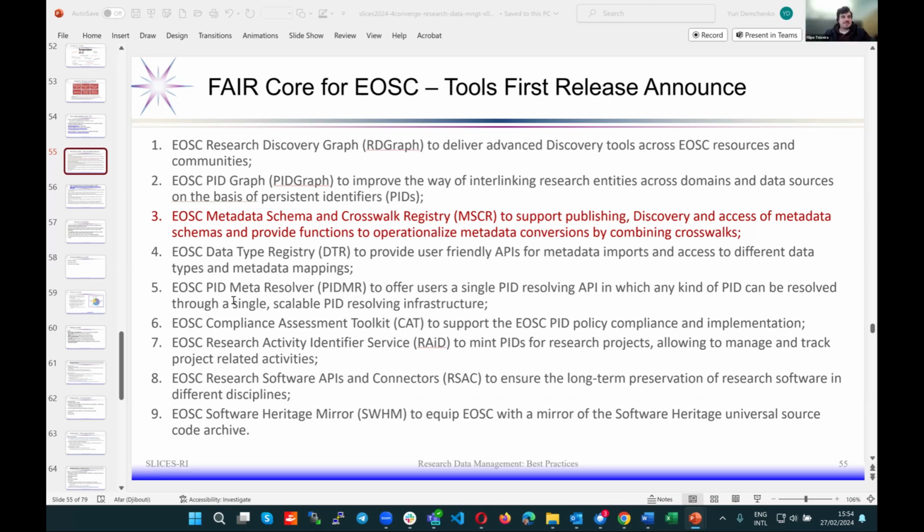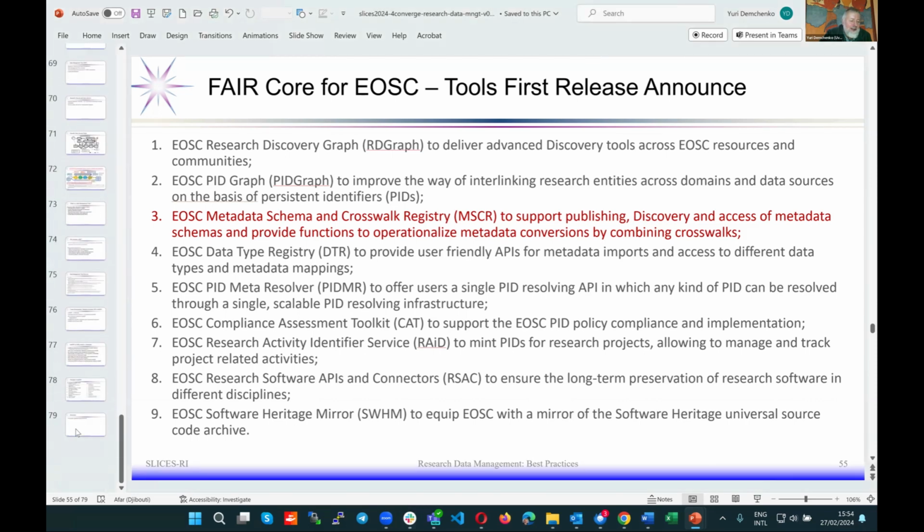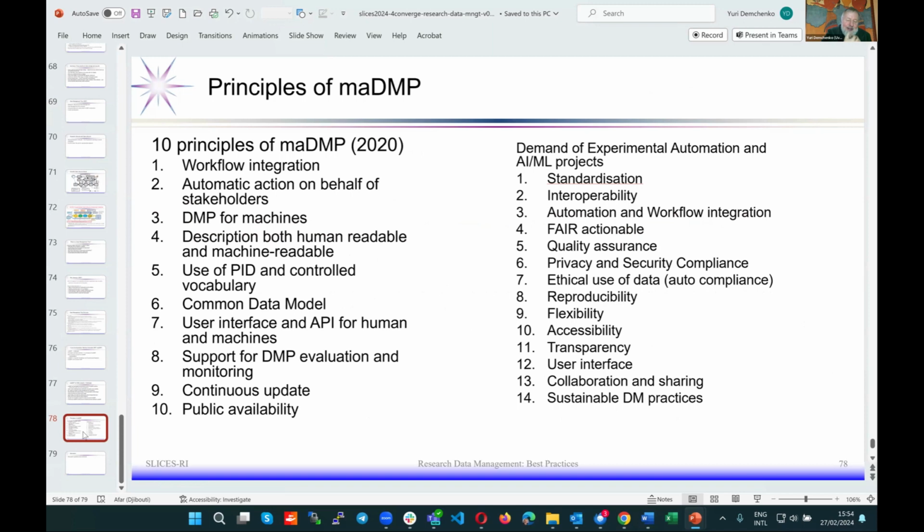Thank you. The same, we now research on the interesting last slide in this tutorial. You will have it. We are working on the principle of the machine actionable data management plan. The last publication on this topic was more or less consistent in 2020.